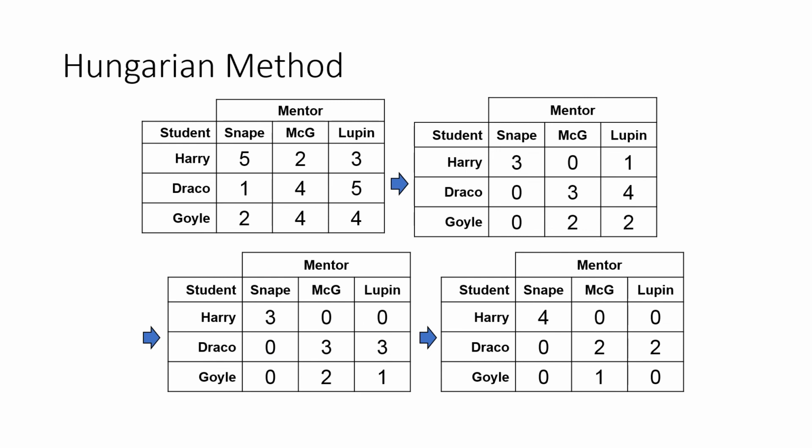Now, it says try to cover all the zeros using the minimum number of rows and columns. In this case, I'll try to use this 1, 2, and I still have to use a third, either a row like this to cover all the zeros, or a column like this to cover all the zeros. Sorry, maybe not this column, maybe another row, a row like this to cover these zeros.